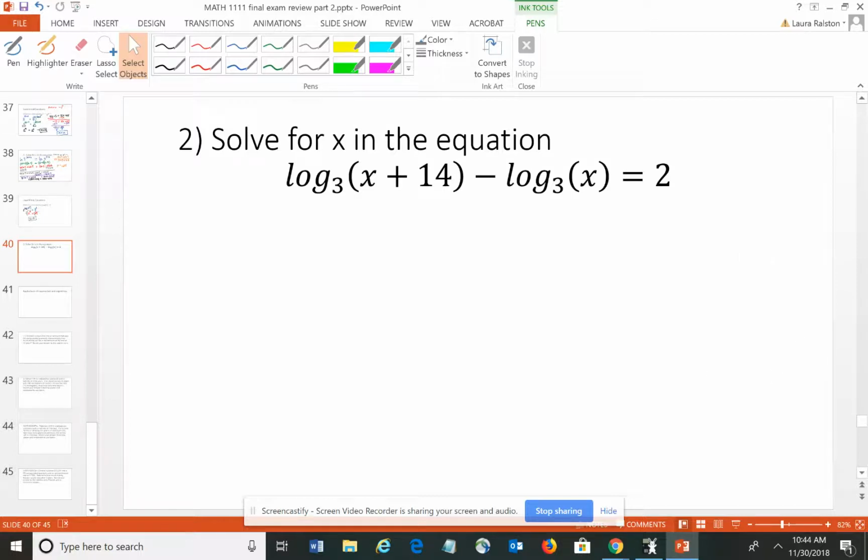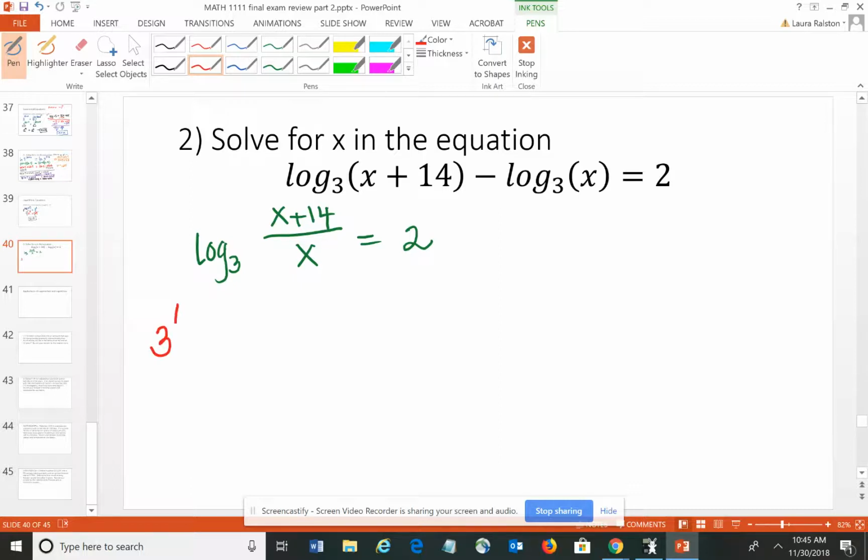Okay, so this one we have two logs that are being subtracted, so we want to use the property of logarithms to put it together, and when we do that, subtraction becomes division, so we have x plus 14 over x, which equals 2. Then I'm going to use the property that exponentials and logarithms are inverses.